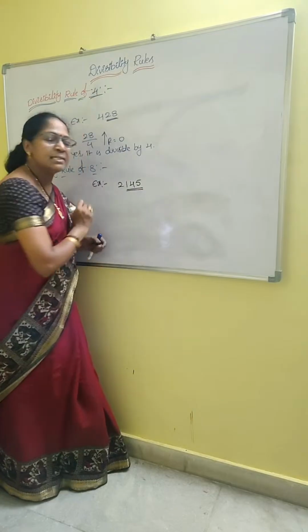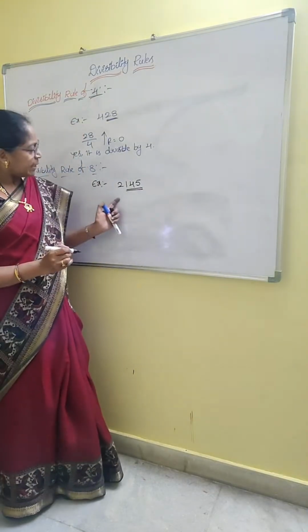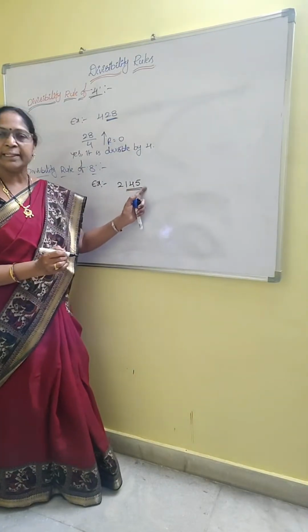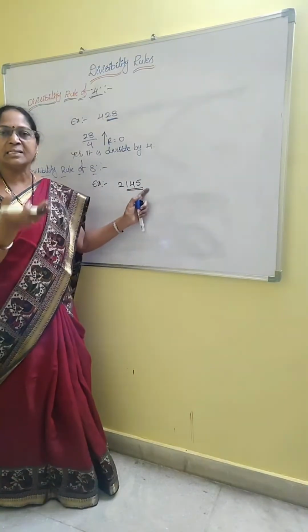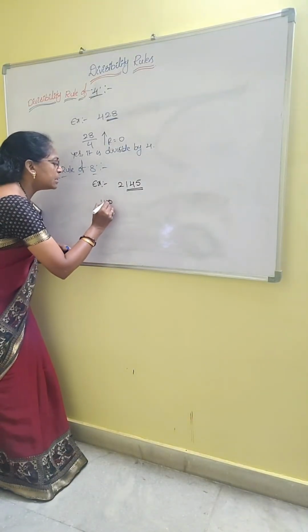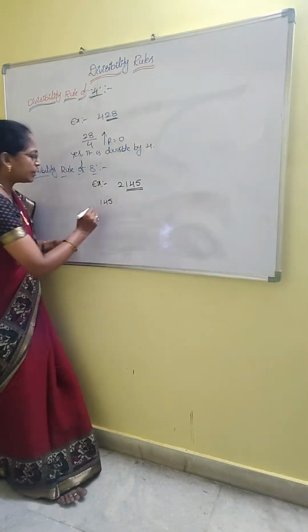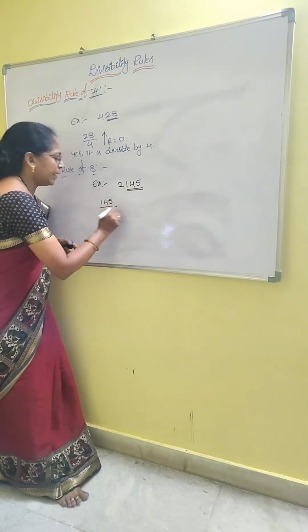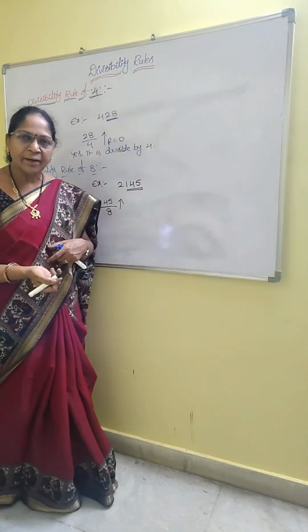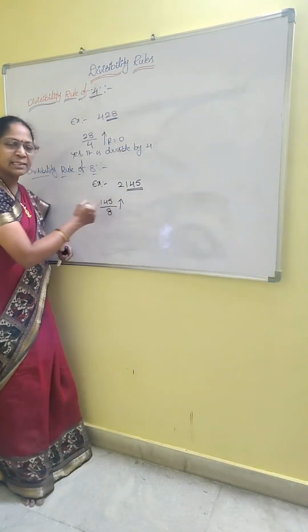We have to consider the last three digits of the number. What are the last three digits? 145 is the last three digits of the number. So write the last three digits, that is 145 divided by 8. Does 8 divide 145? Just check it. This is a 3-digit number.